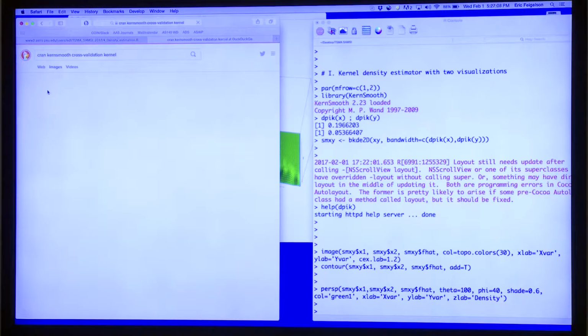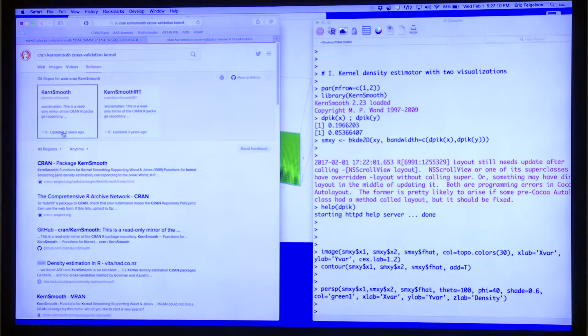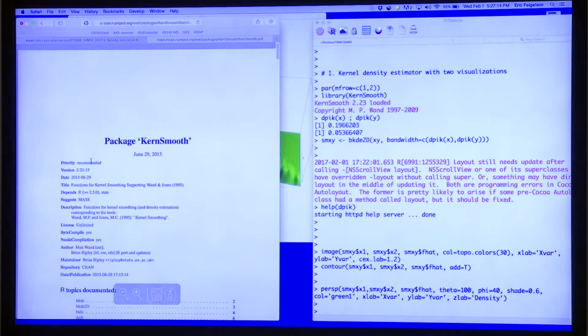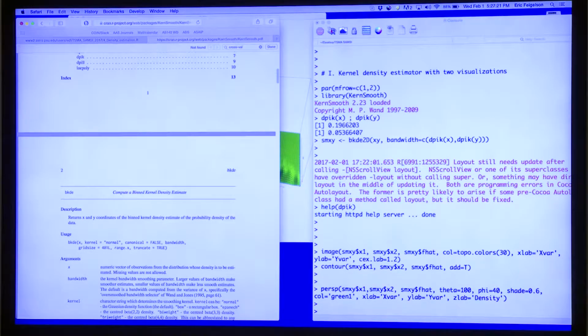See if I can find it. Oh, okay, I could have gone there directly. There's no cross-validation in here? I guess there isn't. This one doesn't have one.